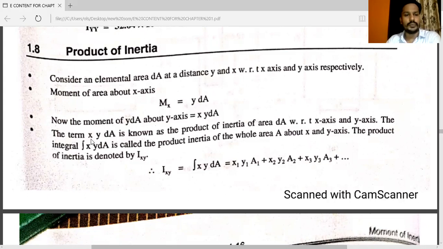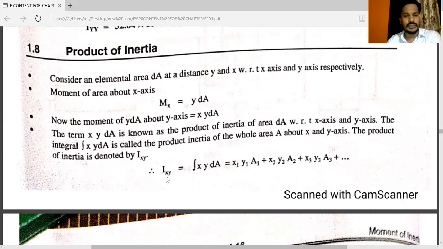The term x into y into dA is known as the product of inertia of area dA with respect to x-axis and y-axis. The integral of x into y into dA is called the product of inertia of the whole area A about x and y axis. The product moment of inertia is denoted by Ixy.